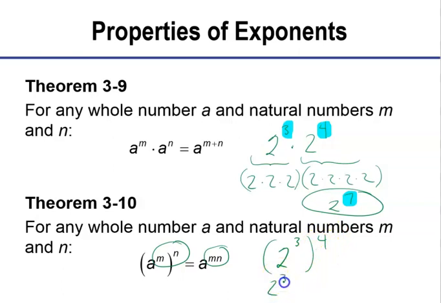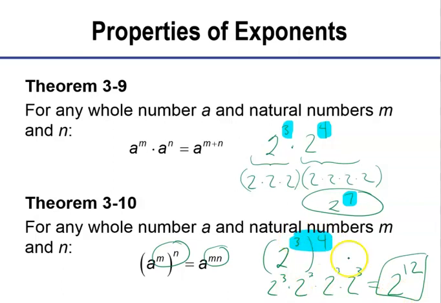Well, that means it's 2 to the third times 2 to the third times 2 to the third times 2 to the third, right? There's 4 of those. Now we just learned a rule that says when you multiply the bases, the one right above, you add those exponents. So 3 plus 3 plus 3 plus 3 is 12. So this is 2 to the 12th. Now instead of writing out 2 to the third 4 times, you could just multiply those two exponents together and you get 2 to the 12th power.